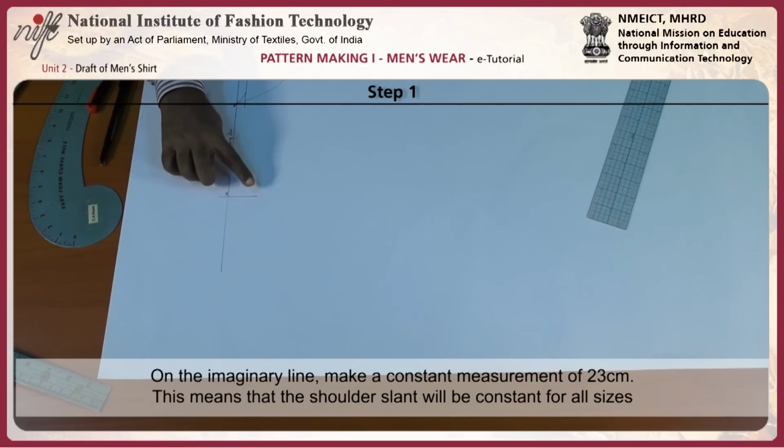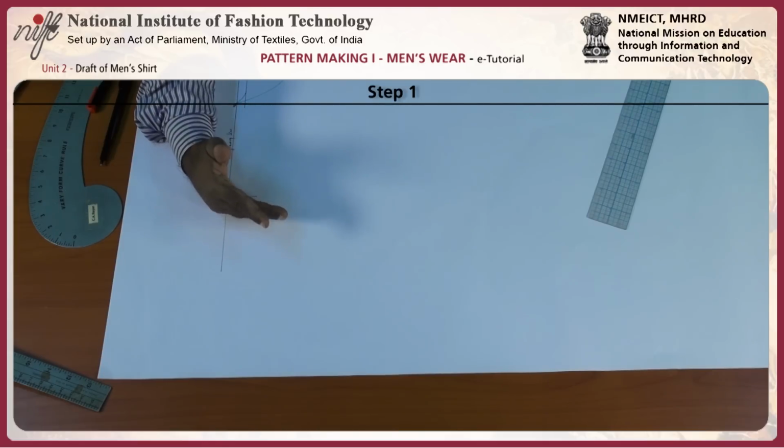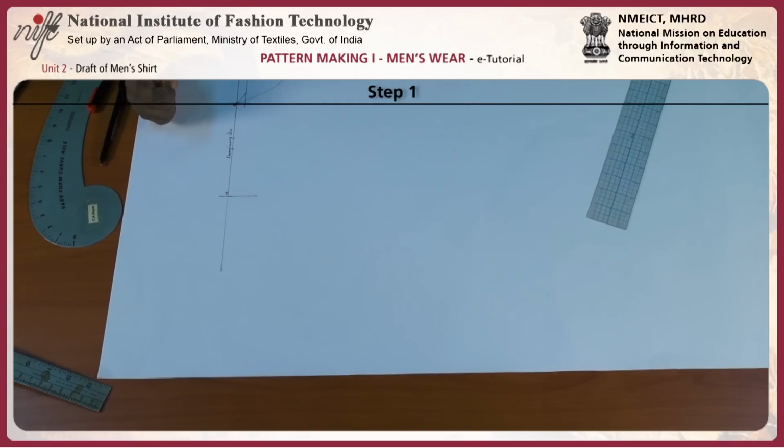The shoulder slant is going to be constant for all the sizes, which gradually increases the slant of the shoulder according to the shoulder measurement getting more and getting less, which you can understand once I draft the shoulder line.